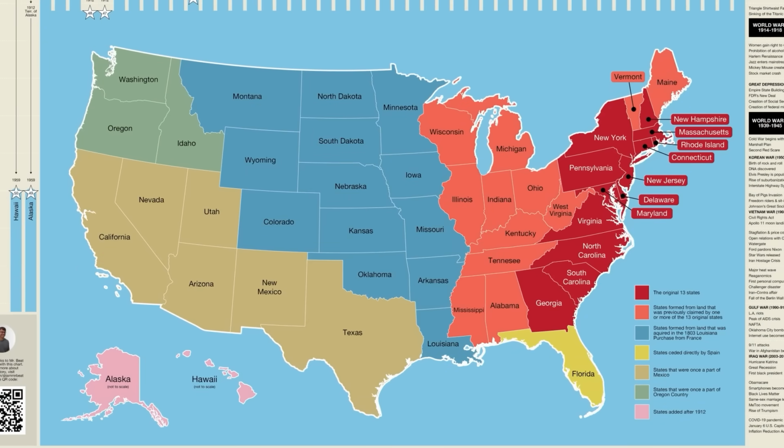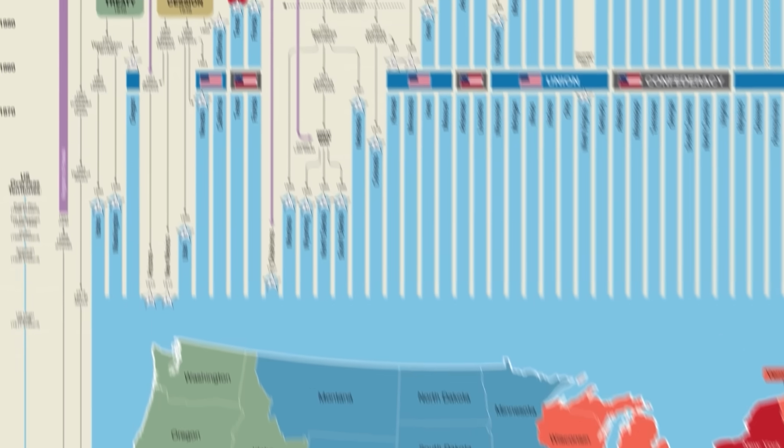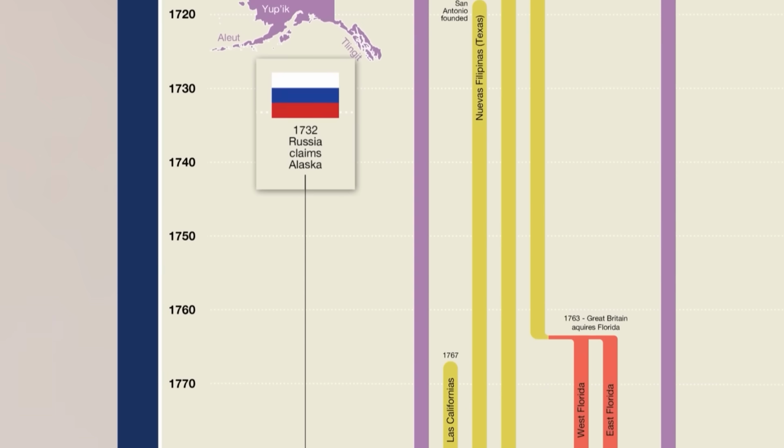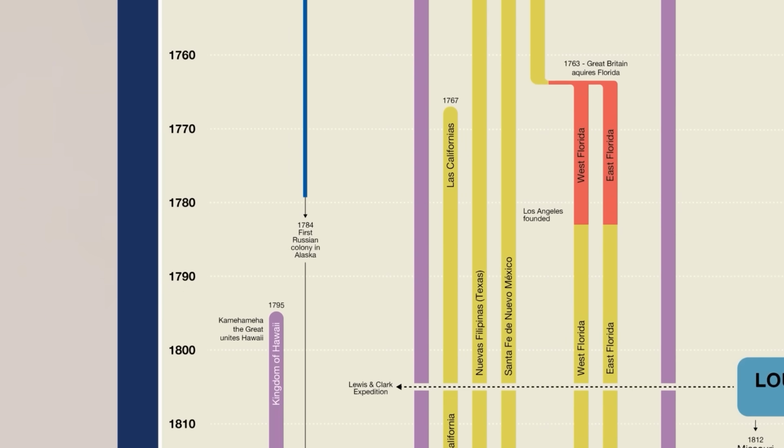But what about Alaska and Hawaii, the 49th and 50th states, both added in 1959? Well, this map here shows the various indigenous Alaskan groups, all of whom still have significant populations in the same areas today. And then we see here that the first European power to lay claim to Alaska was actually Russia, although it didn't actually build a colony there until 1784.